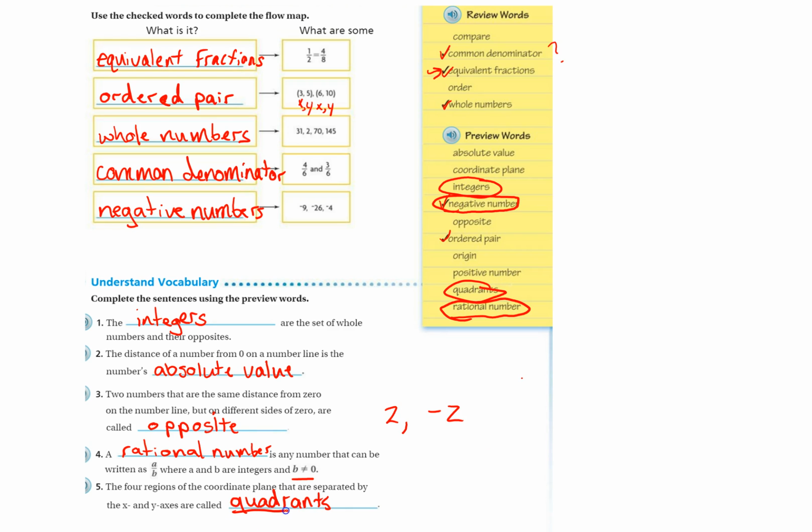Because quad meaning 4, and there's 4 quadrants. So you have the y-axis and the x-axis. You have quadrant 1, 2, 3, and 4. 4 quadrants. Okay, so that's why the 4 regions, quad meaning 4.